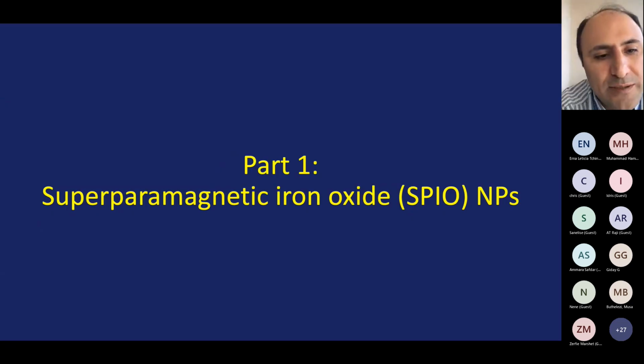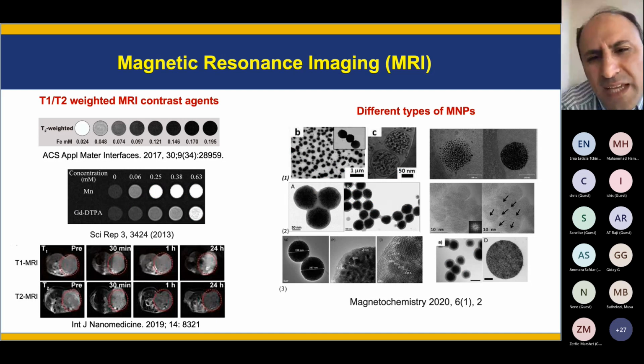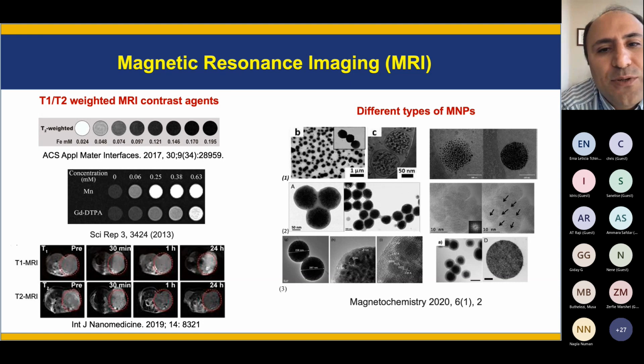In the first part, I'm going to talk about SPIO nanoparticles and the applications that this kind of nanoparticle has. The first and most popular and well-known application of SPIO nanoparticles is in MRI, or magnetic resonance imaging.